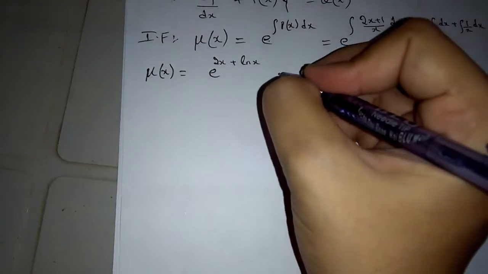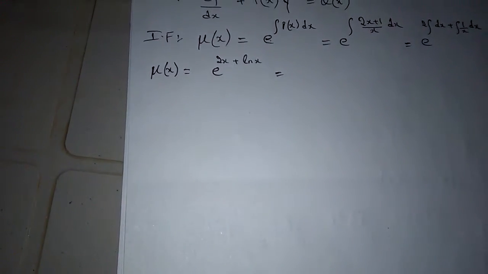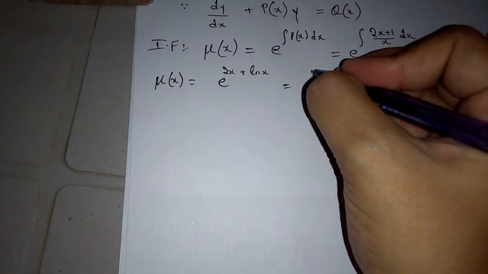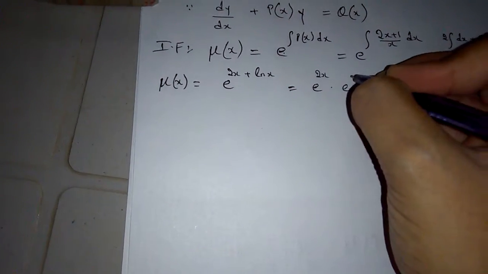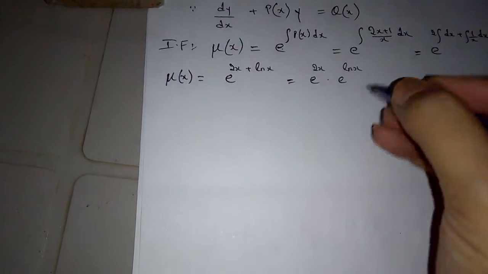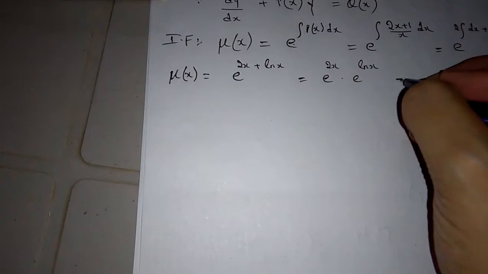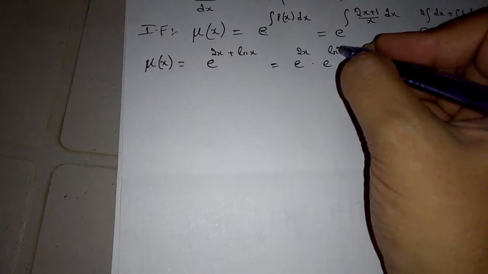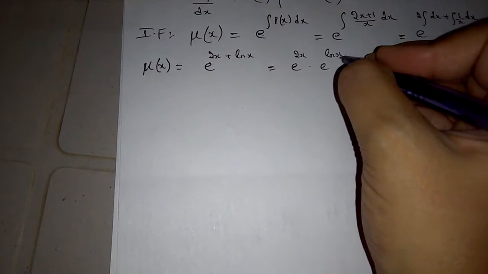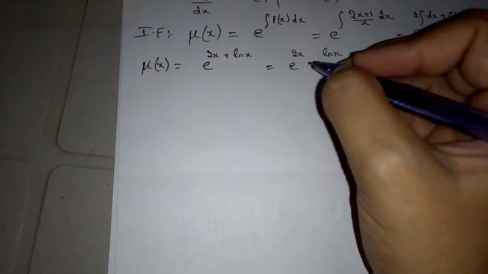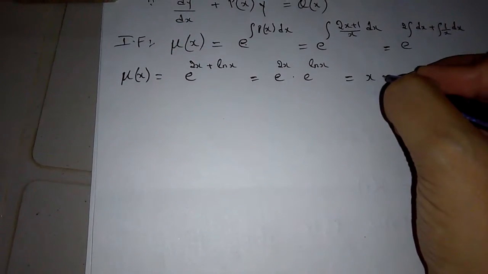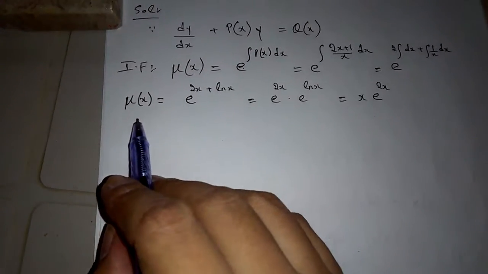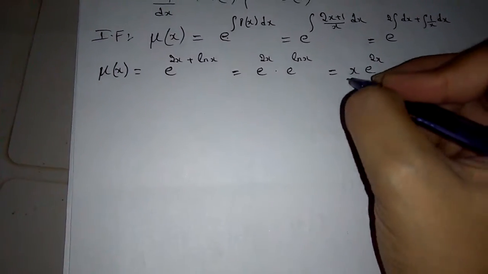All right, so according to the indices property, we can split this form in this style as well. Now you see exponential is going to cancel out this logarithmic effect. So just x is going to be left here, and this thing is going to be copied as it is. So I'm getting x times e raised to the power 2x. This is my integrating factor.